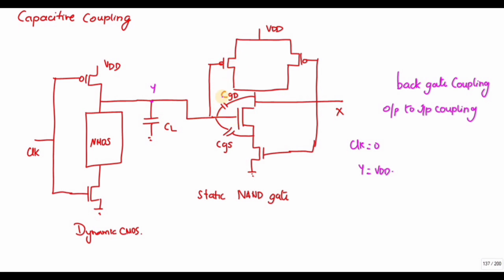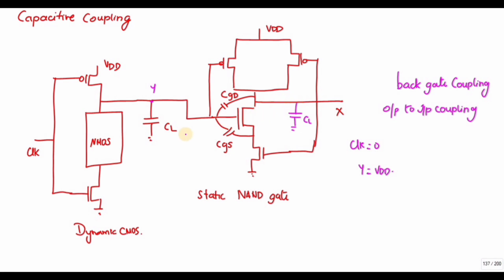Okay. So due to the back gate coupling, what will happen is this y, that is the VDD, gets coupled to this output, that is x, and it will tend to go low.